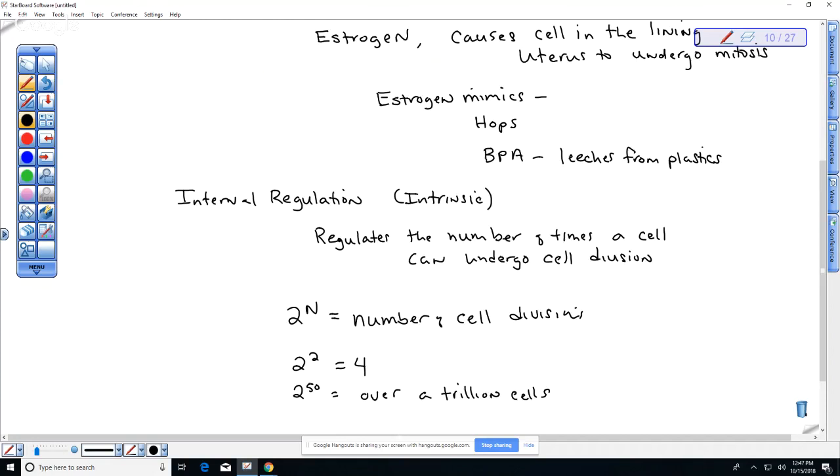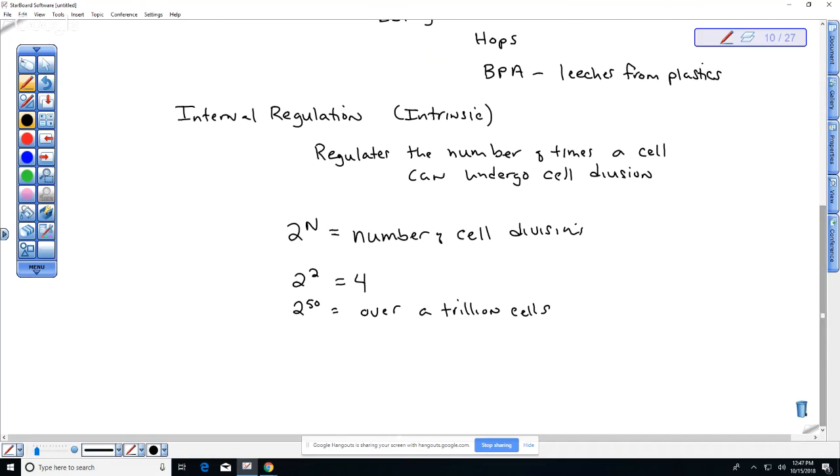And so we could ask, well, what is keeping track of how many times our cells divide? And this has to do with the mitotic clock. So we have a mechanism by which our cells, our DNA, can tell how many times it has gone through cell division. And this has to do with the structure of the chromosomes.